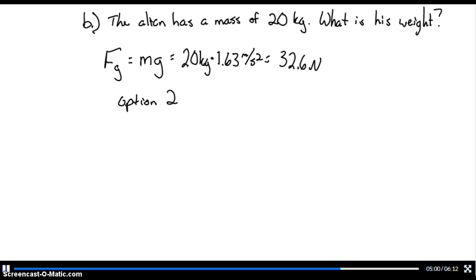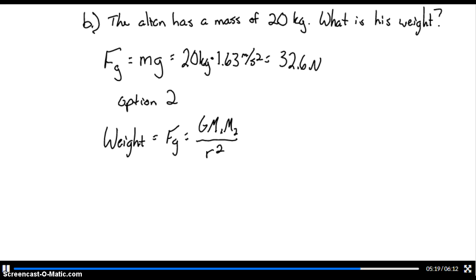Or there's another option, let's call it option 2. What if I didn't know the acceleration due to gravity on the moon? Well, weight is once again just equal to the force of gravity, which we know is big G, m1, m2 over r squared.